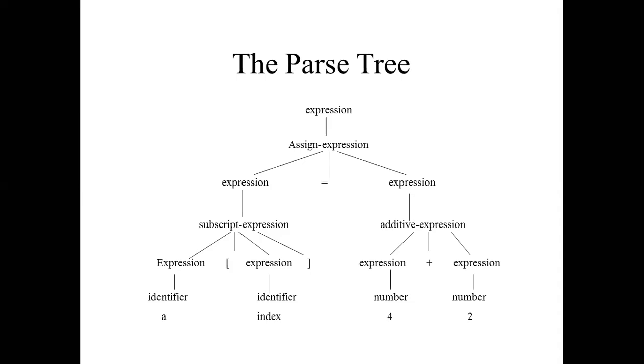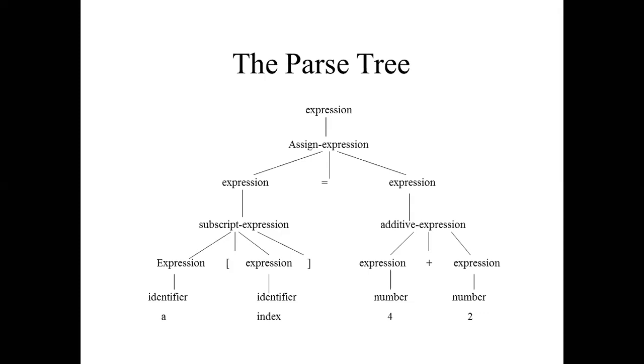Again the left side expression is divided into a subscript expression, and then brackets. In the middle there is an expression, then an identifier. Similarly on the left side, the expression is converted to an identifier. What is the identifier here? A. On the left side there is a, and then index, then the assign expression, where in the middle you get the assignment operator or assignment symbol.